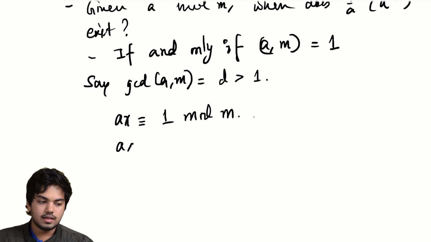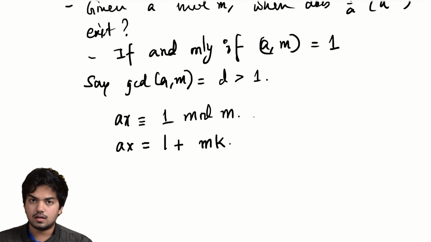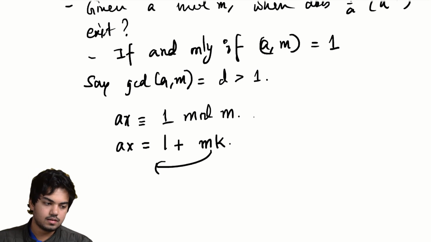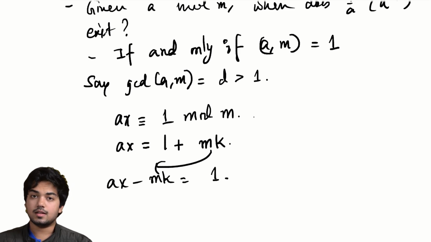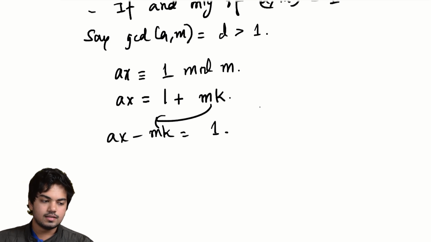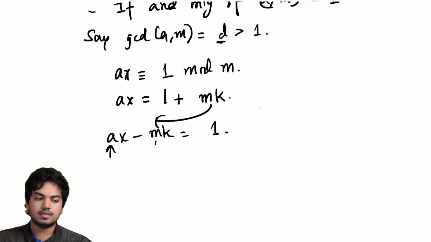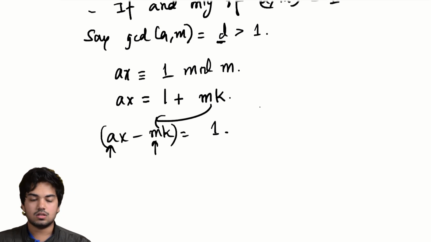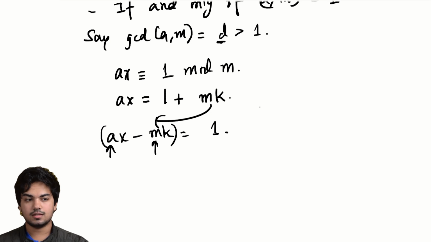What does this mean? It means that ax is equal to 1 plus some multiple of m, mk. Bring this m over to this side: ax minus mk is equal to 1. You might already see it going on from Bezout-type argumentation. The point is that there's a factor of d sitting inside a and a factor of d sitting inside m. So d divides this entire left-hand side, but the right-hand side is 1. Can't happen. But this also kind of tells us how to find inverses using a different method.